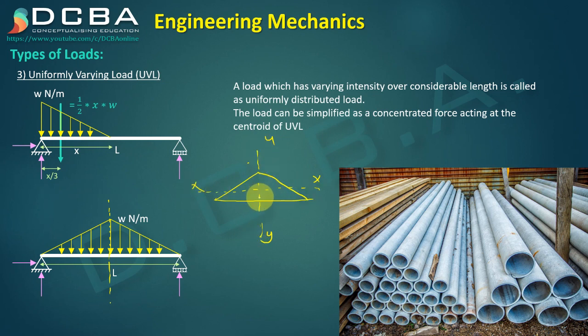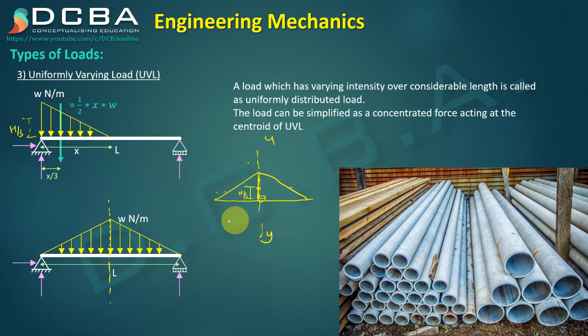It is definitely lying on YY. So somewhere along this YY it is lying, but it is not lying on the XX. And as we understood here, the centroid of a triangle is at a distance of span by 3 from the right angle. So here also you can consider there is a right angle triangle, right? So the centroid will be at a distance of H by 3.